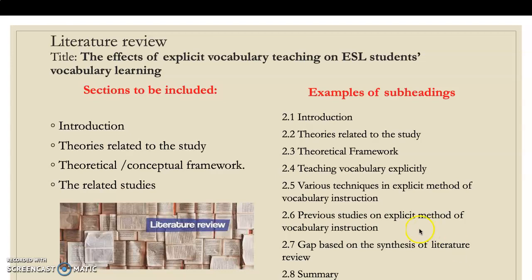This is an example of subheadings that can be included under this title. So we have introduction, theories related to the study, theoretical framework, teaching vocabulary explicitly, various techniques in explicit method of vocabulary instruction, and the rest until summary. Don't forget to summarize every single chapter.